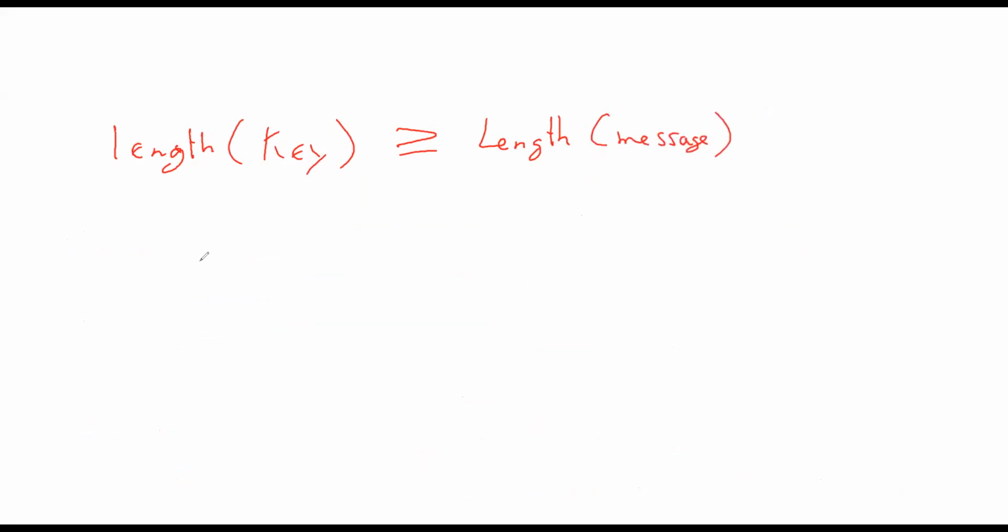So the rule of the length of the key being greater than or equal to the length of the plain text message is not efficient, because imagine the scenario of Netflix.